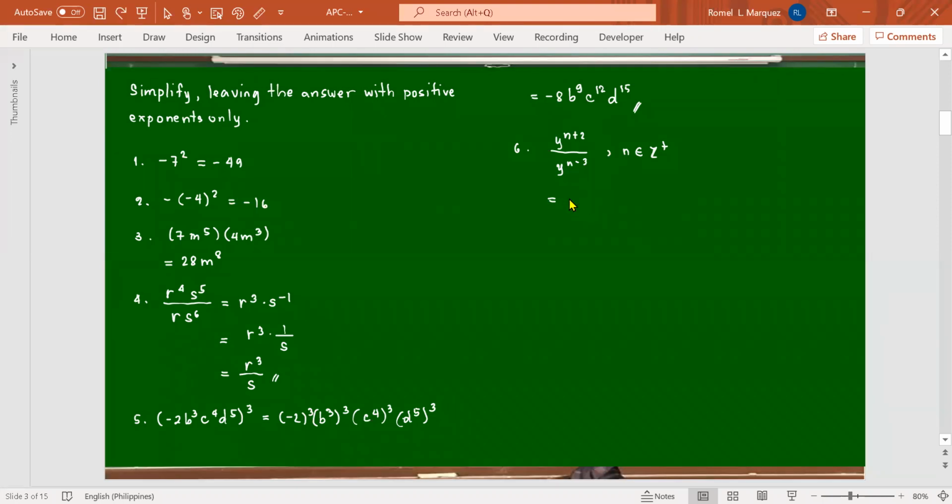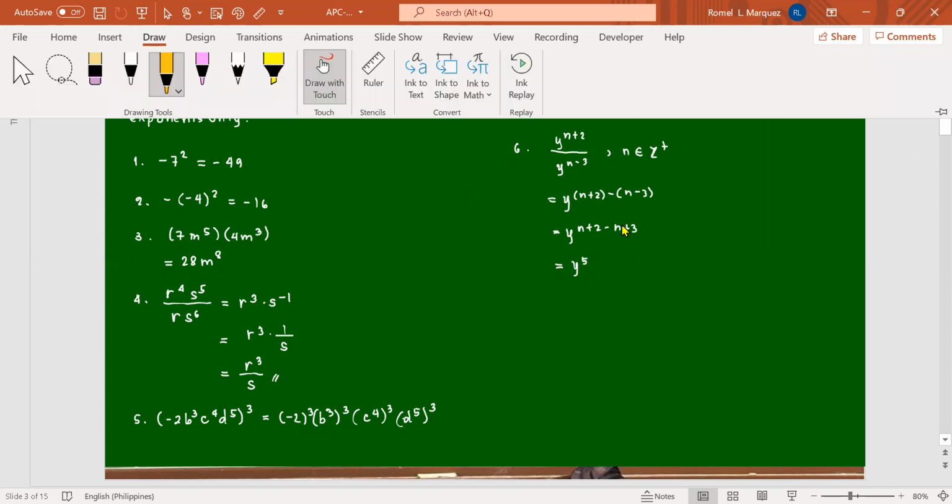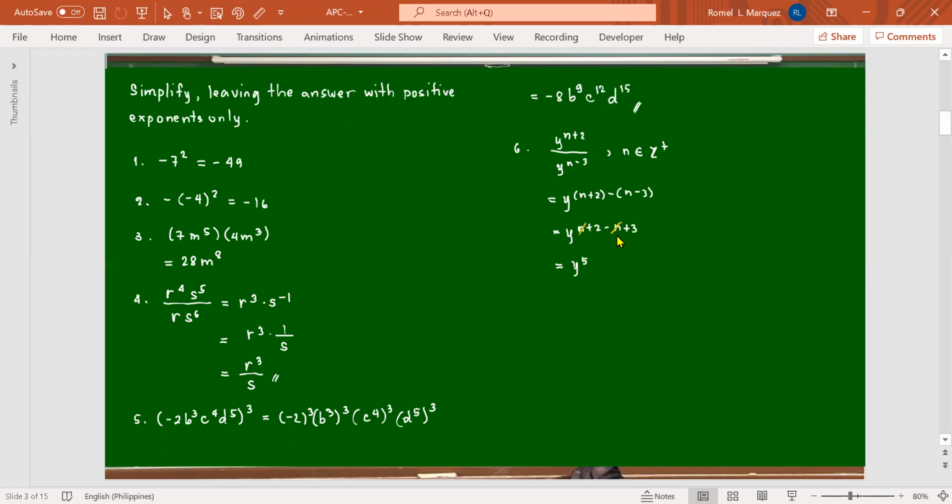So n plus 2 minus n minus 3. What is the difference? So n plus 2 minus n plus 3. Am I correct, guys? And that is y to the 5th, because n and negative n are additive inverses of each other, so their sum is 0. So giving y to the 5th.